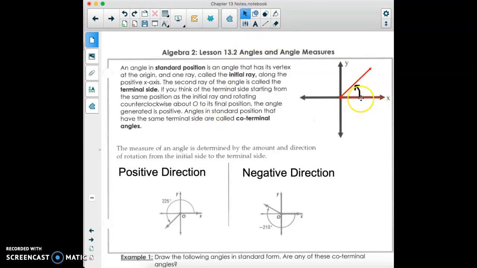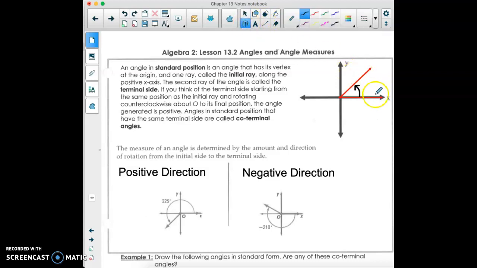The other thing I want you to notice about this angle is that any angle that starts with the same initial side and ends with the same terminal side, regardless of angle measure, is going to be coterminal.